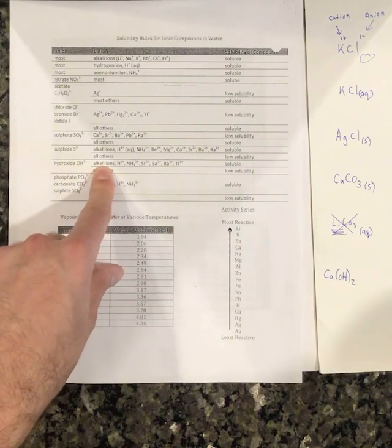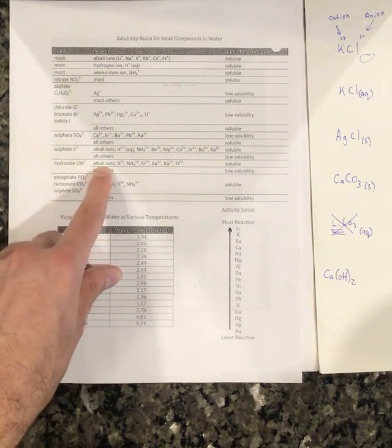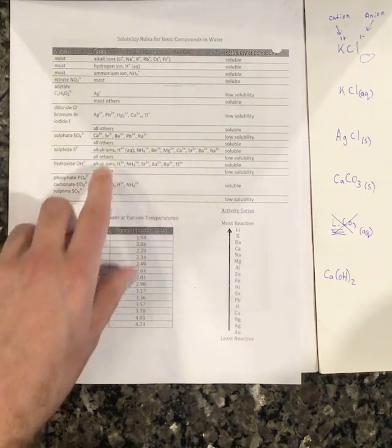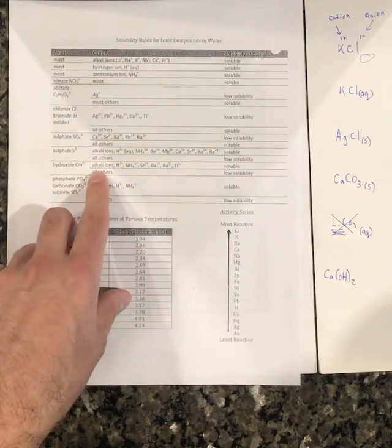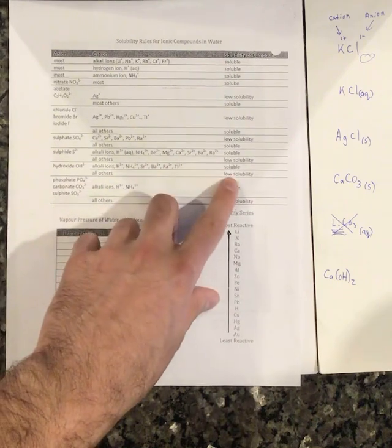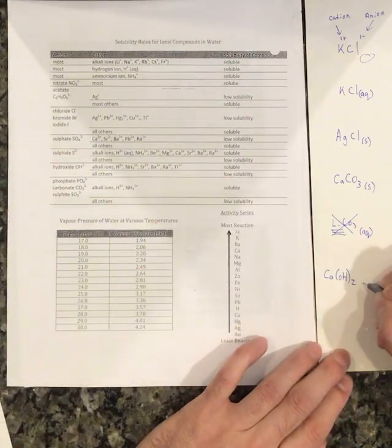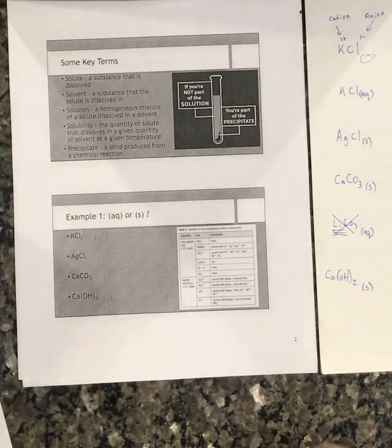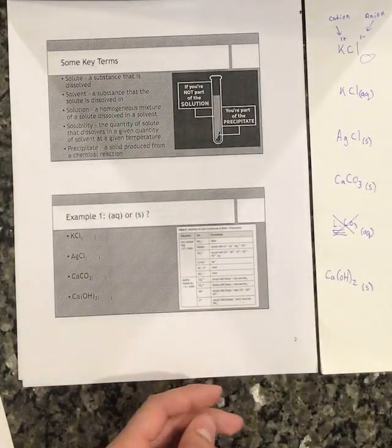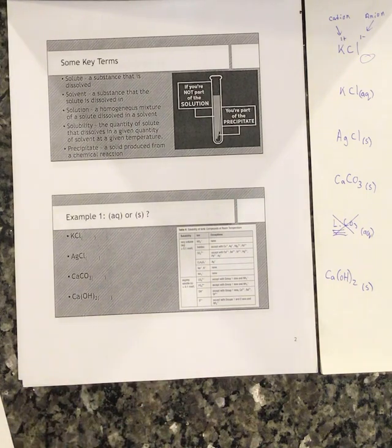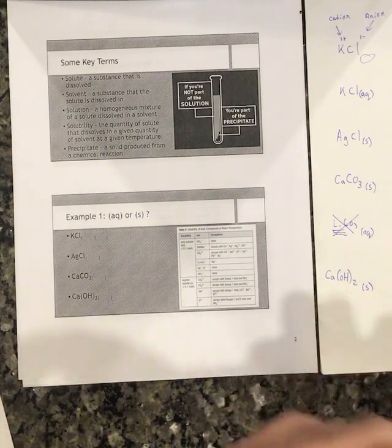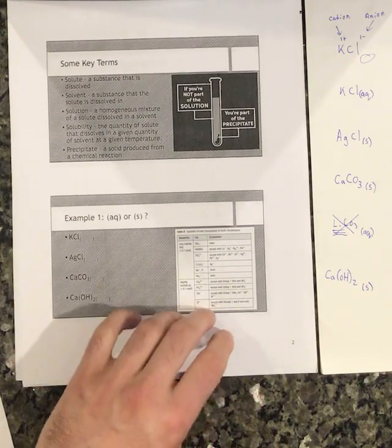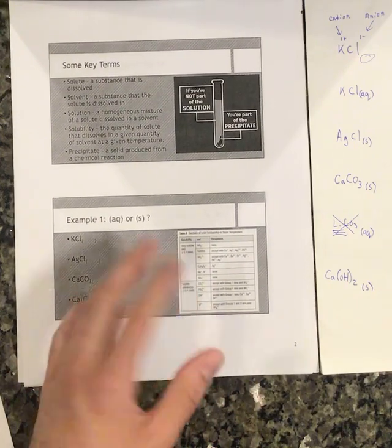Calcium is in the second group, so it doesn't follow here. As I look across, calcium is not any of these, so it has to be all others. So calcium hydroxide has a low solubility, so that means this here would have been solid. And that is how we're able to tell what state we have for our mixture or our compounds here.